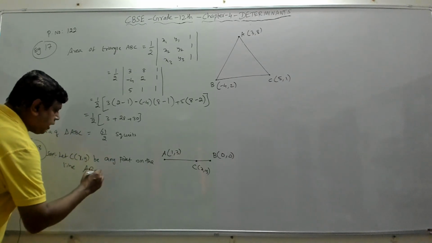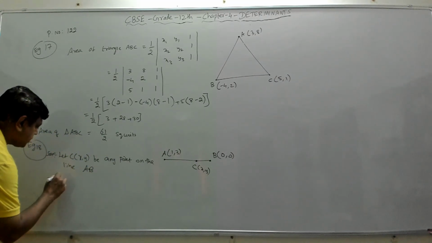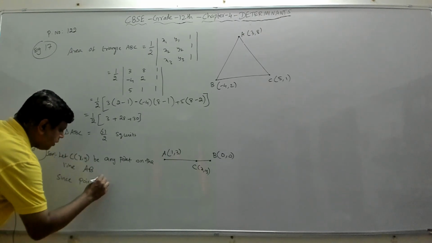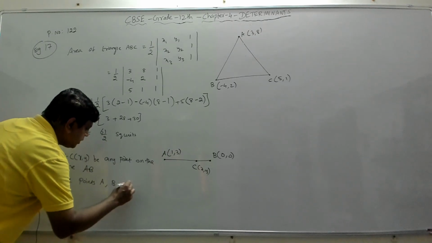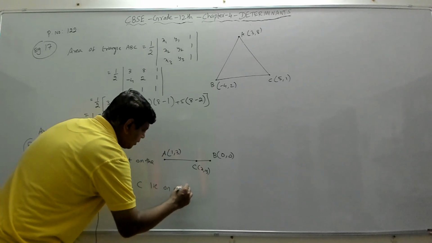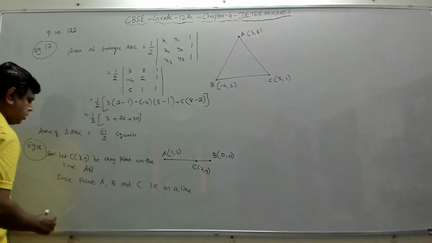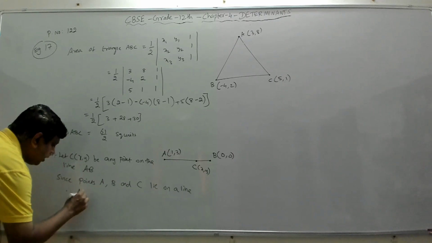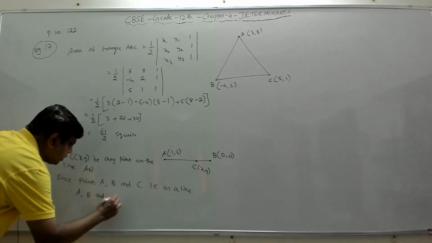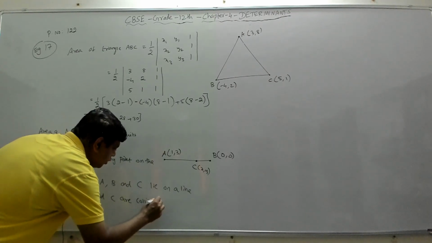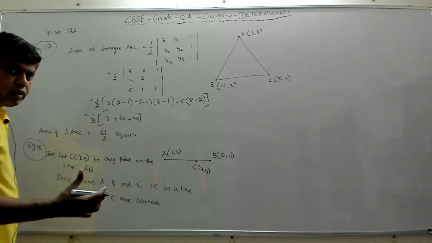So now what we have is, since points A, B and C lie on a line, therefore they are collinear. Collinear means they lie on the same line. 2, 3 or more points are said to be collinear if they lie on the same line.